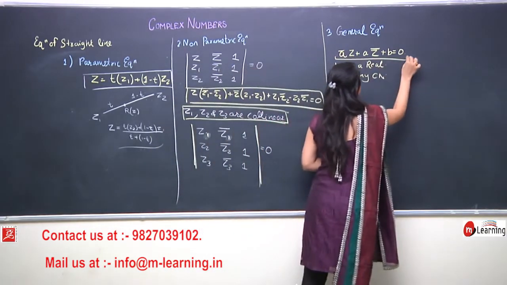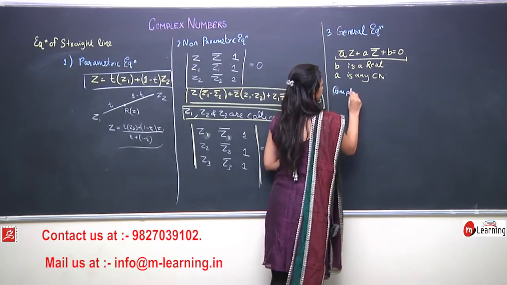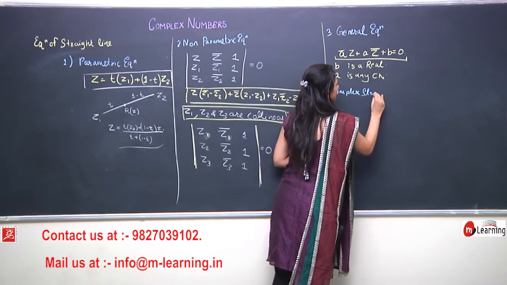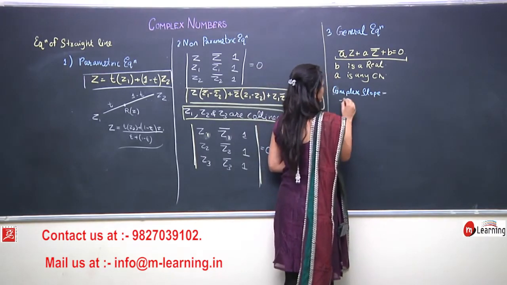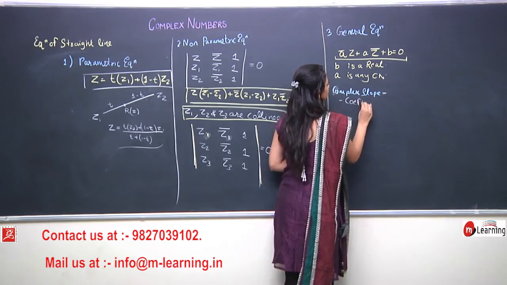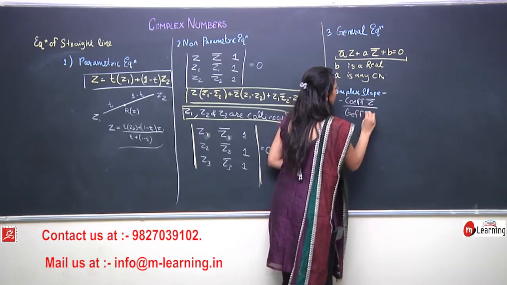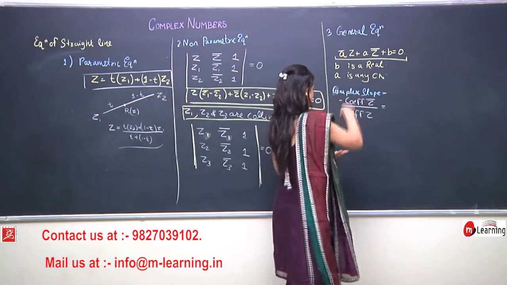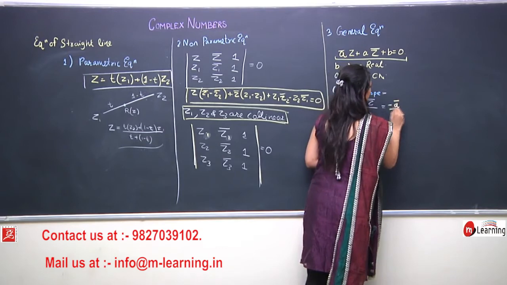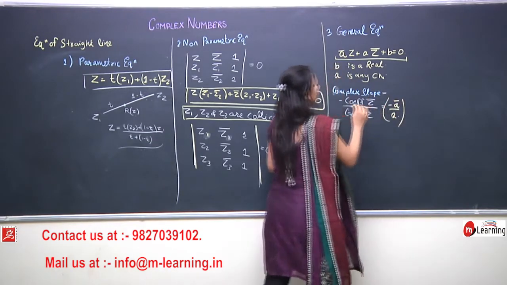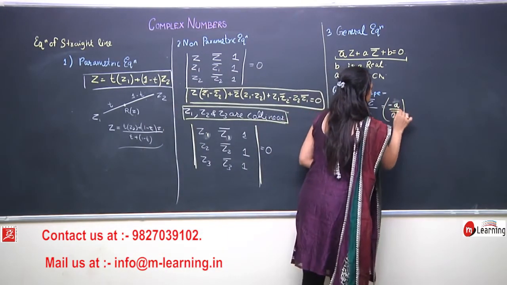So for this general equation, the complex slope is defined as minus coefficient of z bar upon coefficient of z, which in this case would be equal to minus of a bar upon a. I am repeating once again, sorry, minus of a upon a bar.